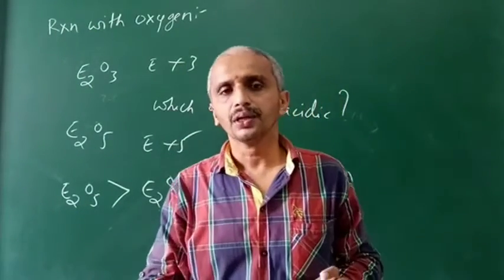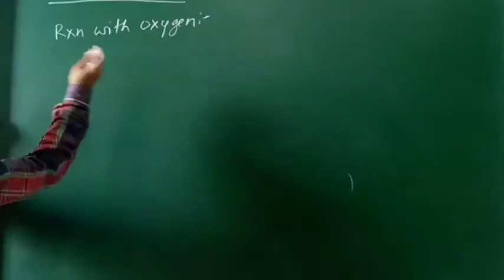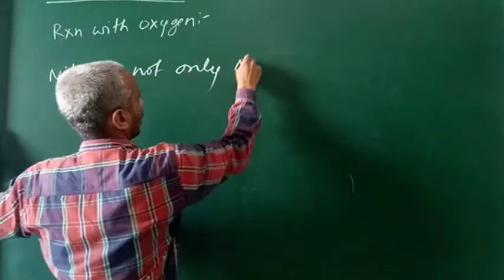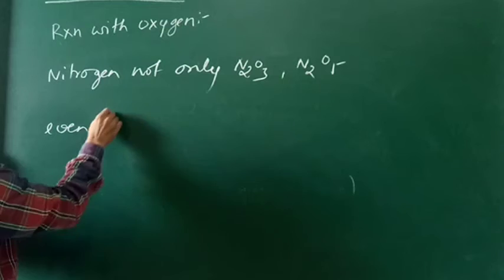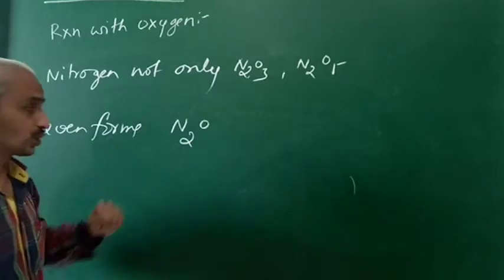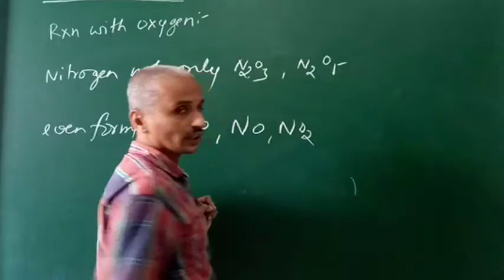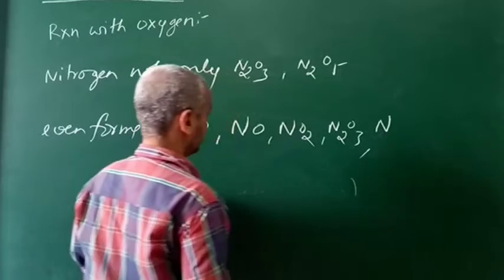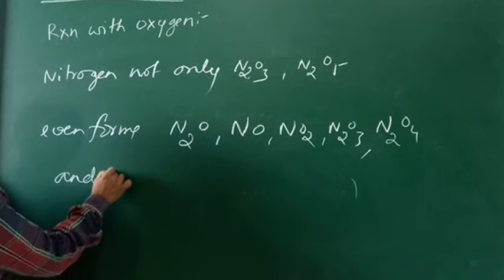But remember, nitrogen forms not only N2O3 and N2O5, it even forms N2O, laughing gas, nitrous oxide, NO nitric oxide, NO2 nitrogen dioxide, N2O3 already mentioned, then N2O4 and N2O5.